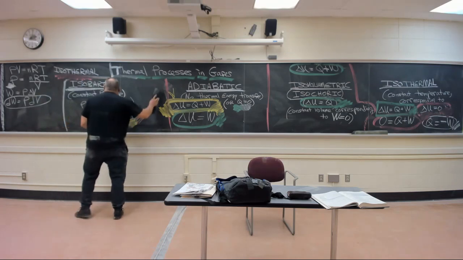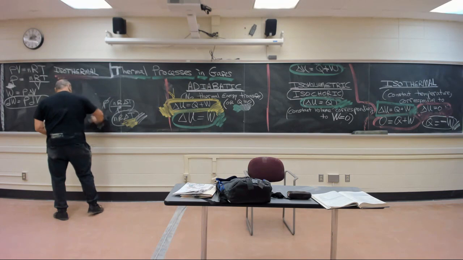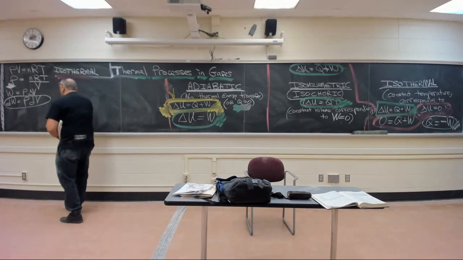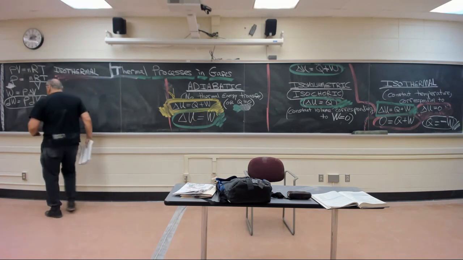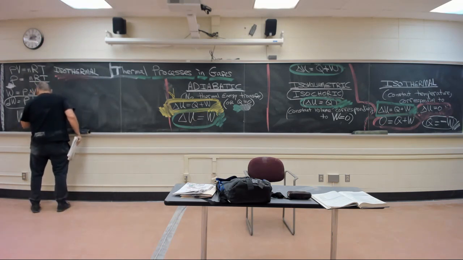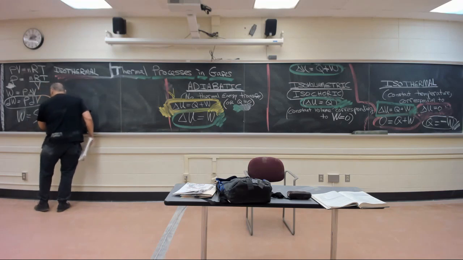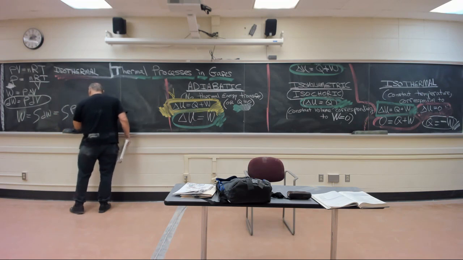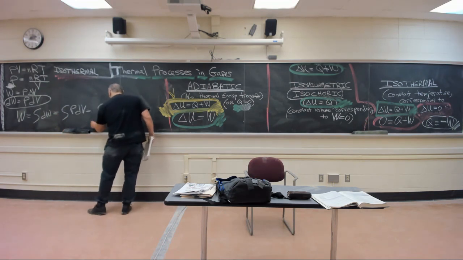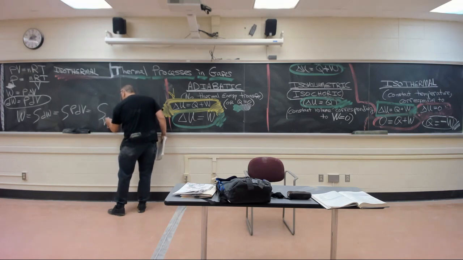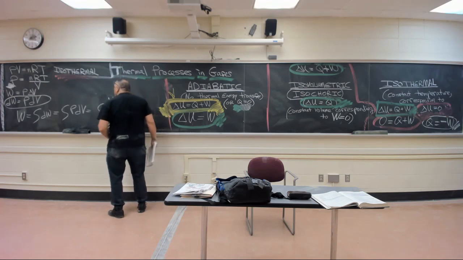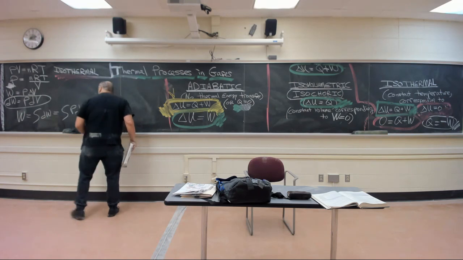I don't want to erase this stuff, guys. If they're up there, they're up there, and you can always go back and look at it. Just make sure we got this. We got to here. If you integrate, it's going to be the integral from an initial volume to a final volume of P dV.